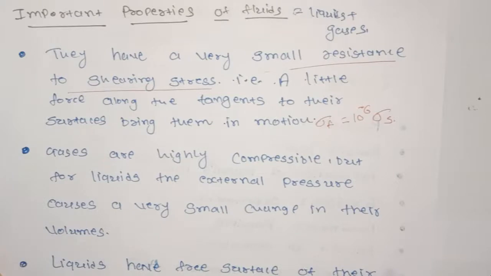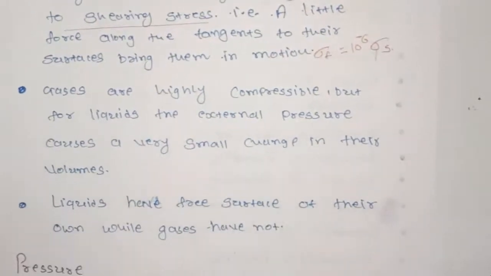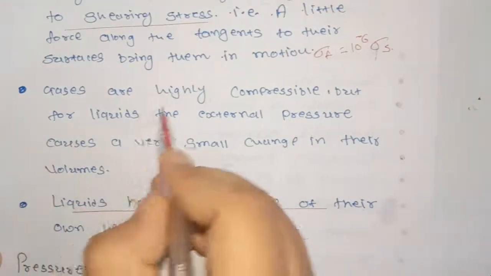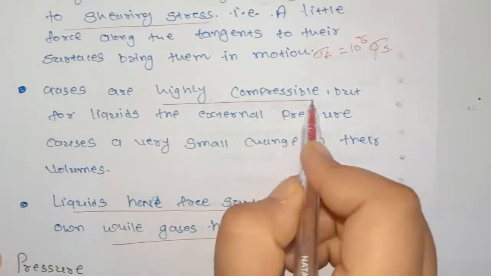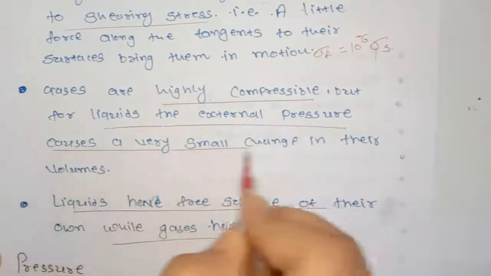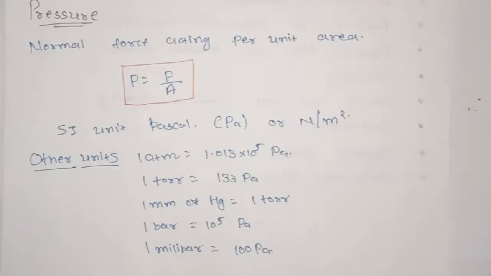Liquids have free surface of their own, while the gases do not have any free surface. The gases are highly compressible and liquids are incompressible, their volumes. Now, pressure. The normal force acting per unit area is called pressure.